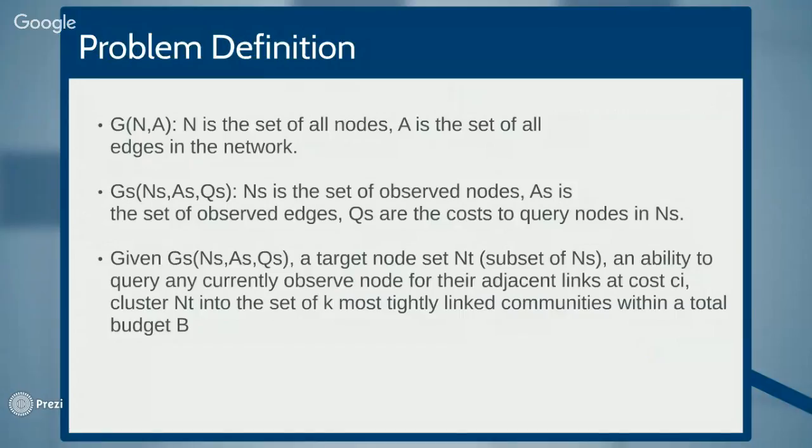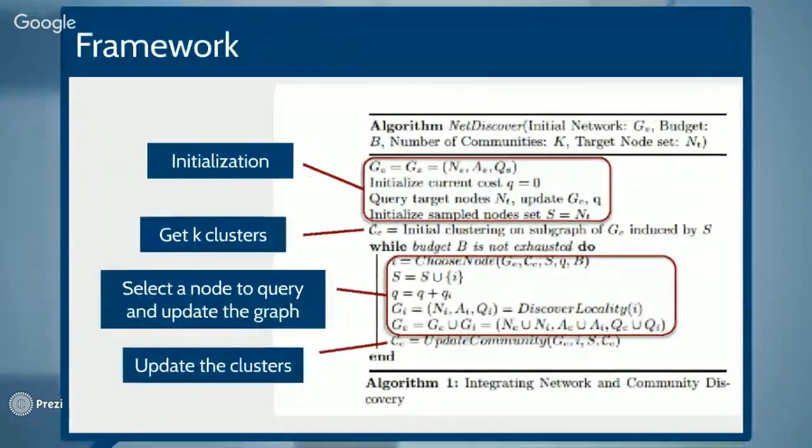What usually happens is all we know about the graph is the set of target nodes. We wish to conclude the community of these target nodes. So it makes sense to make NS equal to N.